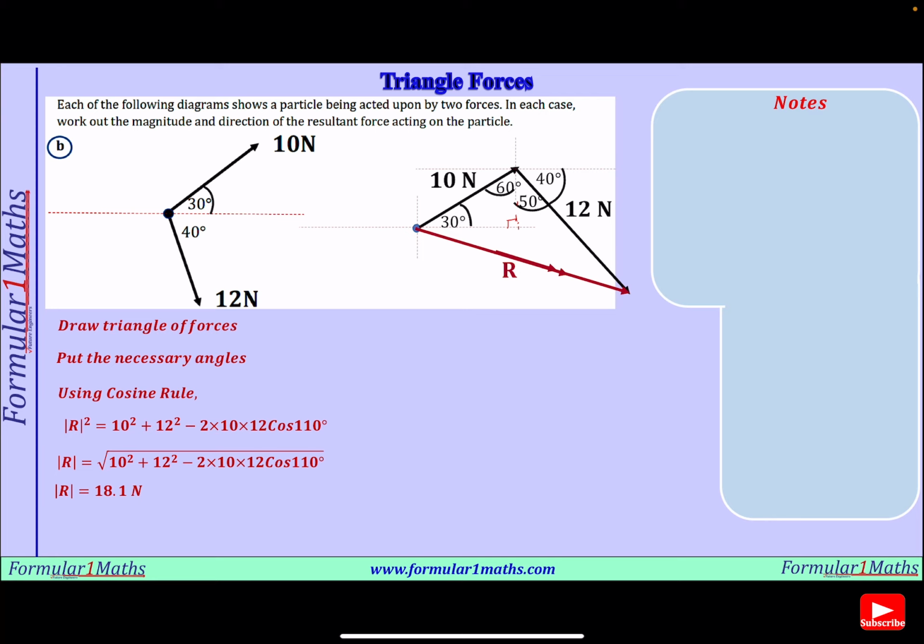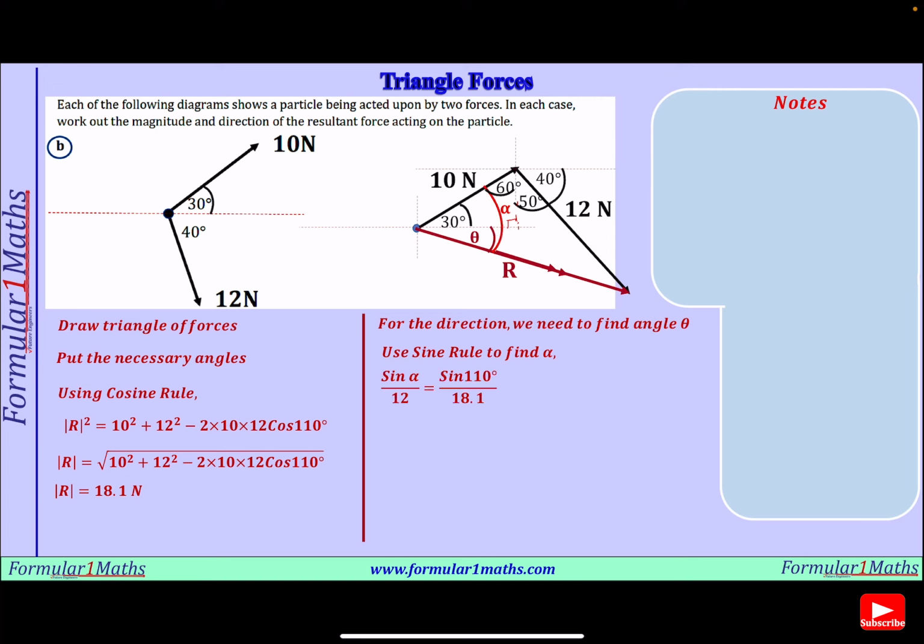So let's go and find the angle. For the angle, we need to find this angle theta here. So we need to find the whole of this angle here. We're going to use the sine rule to do that. So sine alpha over 12 is equal to sine 110 over 18.1, which is R. Do your rearrangement, evaluate, and you get 38.5.